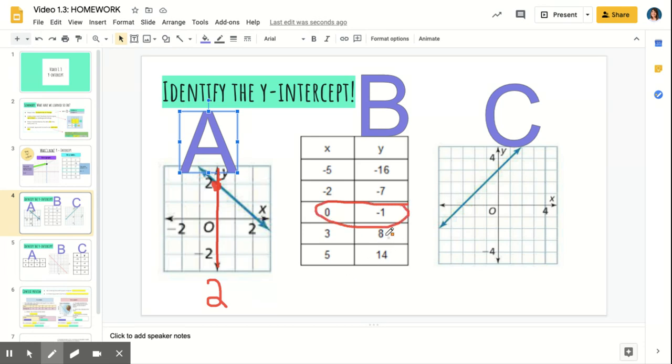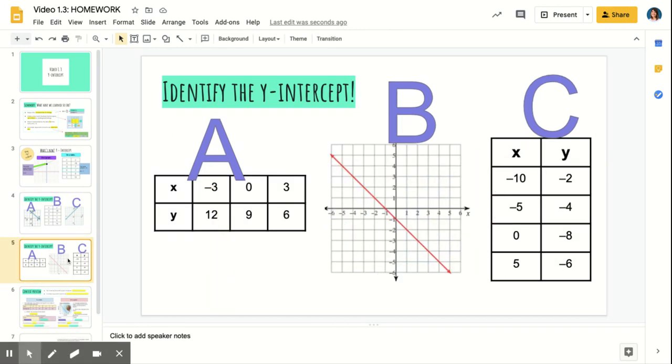So that means my y-intercept is this one. So my y-intercept is -1. And lastly, for C, again, I have my y-axis right here. So this is my coordinate. What number is that? We count 1, 2, 3. So my y-intercept is 3. It is that easy.